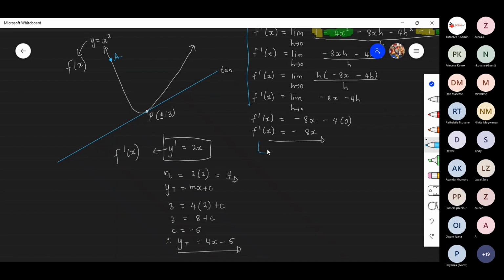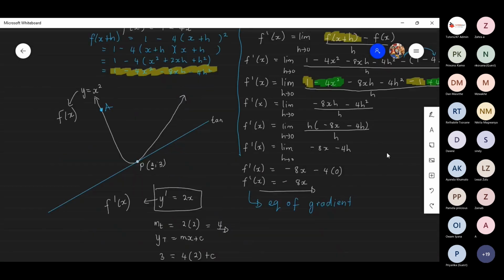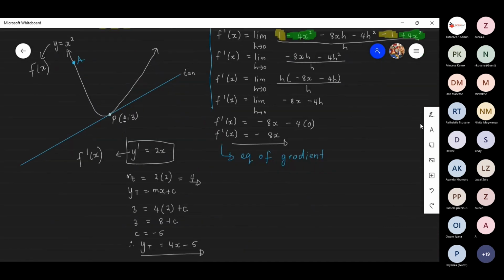So this is your equation of your gradient for what was the original function? f of x equals 1 minus 4x squared.